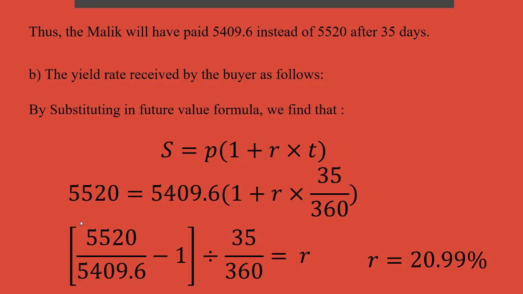S, 5,520, equals 5,409.6 times 1 plus R, the yield rate, times 35 over 360. From this formula we can get R, which is equal to 20.99%.